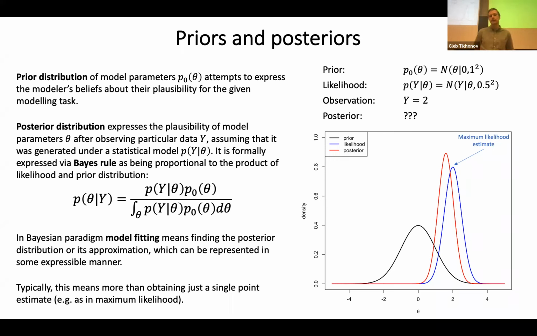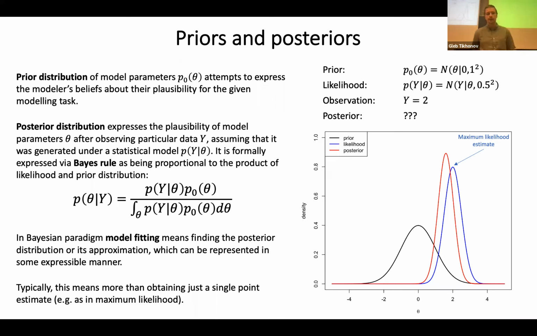Vague priors are supposed to cover well the regions which the modeler considers relatively plausible, but simultaneously not provide any kind of preference for particular areas of model parameters within these regions.